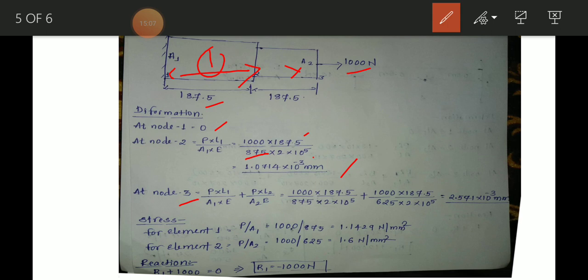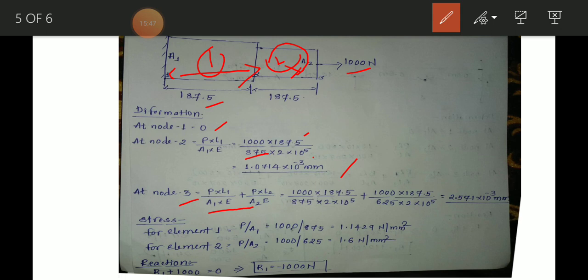Now at node 3, you have to add the deformation at this section plus the deformation at this section. So write down the formula P1 L1 by A1 E1 plus P2 L2 by A2 E2. P1 is 1000, L1 is 187.5, A1 is 875 into E, Young's modulus, plus now take the properties of the second section.